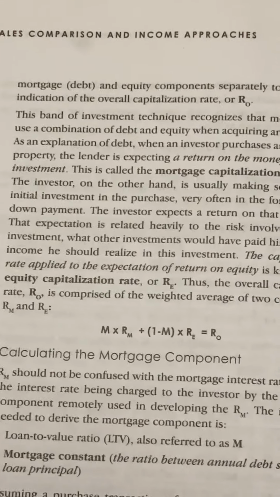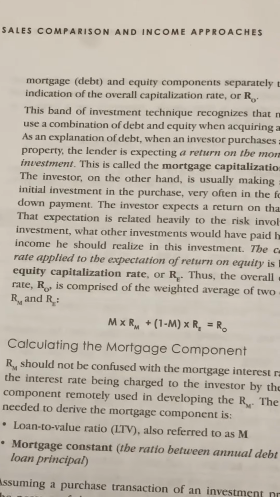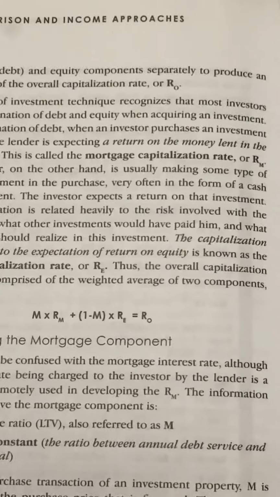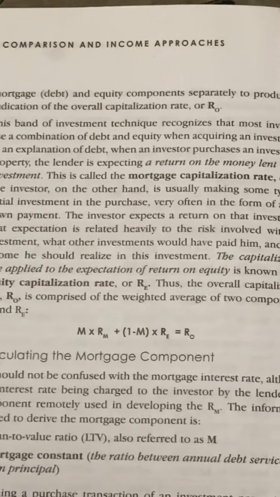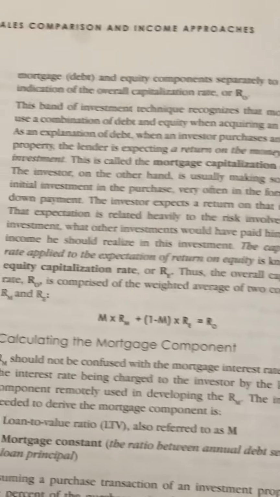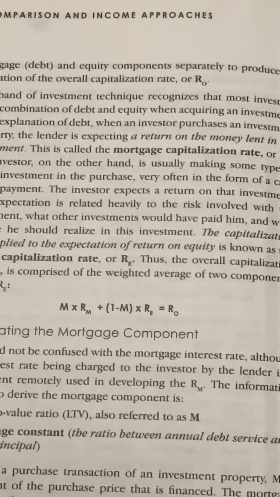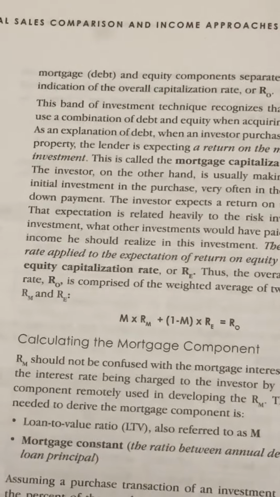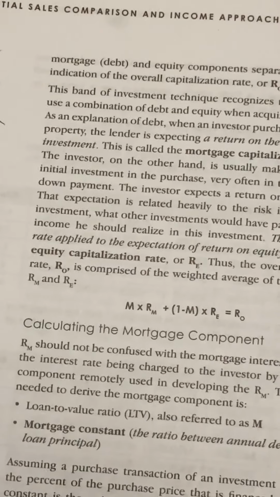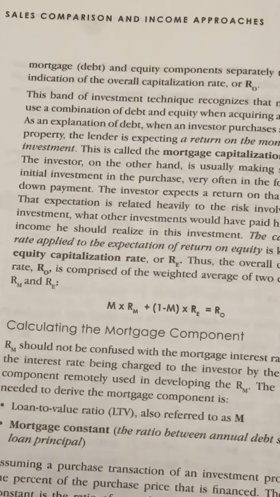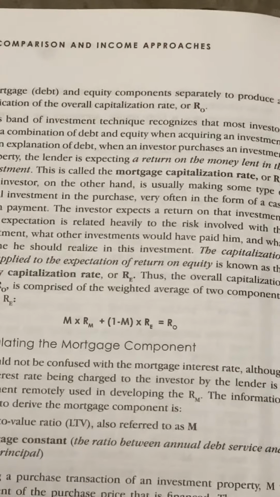That expectation is related heavily to the risk involved with the investment, what other investments would have paid him, and what income he should realize in this investment. The capitalization rate applied to the expectation of return on equity is known as the equity capitalization rate, or the symbol of a capital R with a little e going through the line.